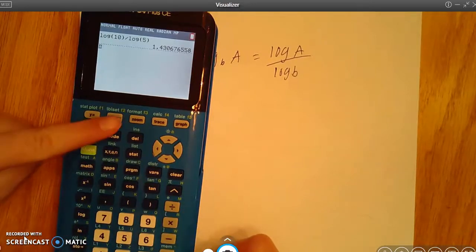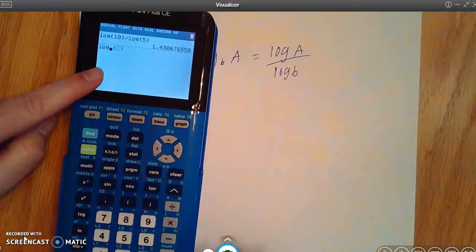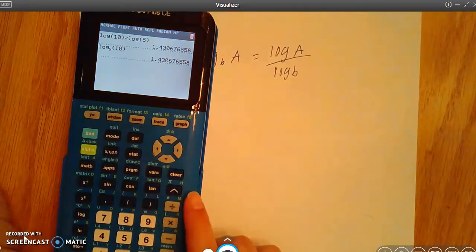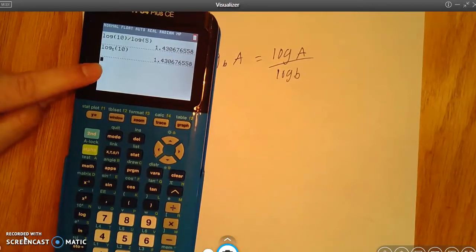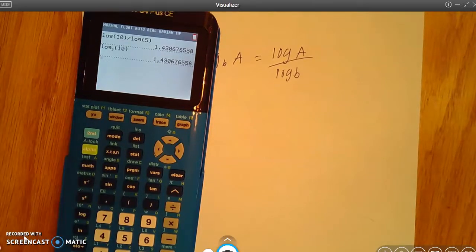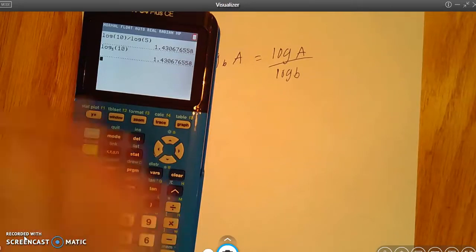But if your calculator can get this log base, where you can put in those numbers 5 and 10, then you can see how I got the same answer. So no, you don't need to know the change of base formula as long as your calculator changes the base. If you have an older calculator, then yes, you need to know the formula.